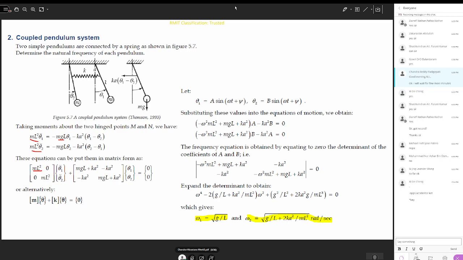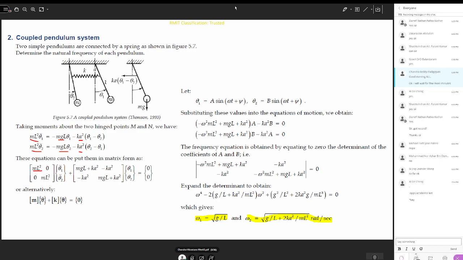So this becomes plus mgl, minus k a square. Then you have here minus k a square, then plus mgl. You need to expand this, so you will get k a square theta2 and k a square theta1.